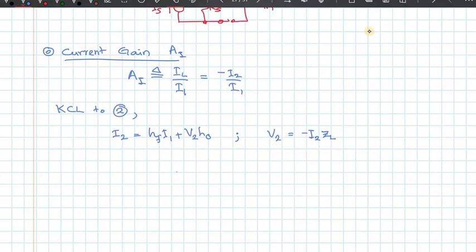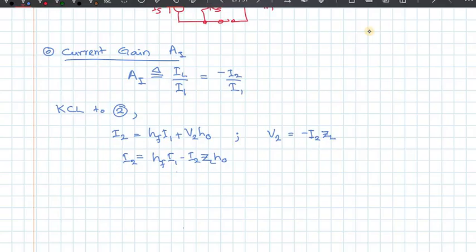So what do I have from that? I2 is equal to HF times I1 plus, instead of V2, I'm going to use the previous expression, so minus I2 ZL times H out. Now I only have I1, I2 and the parameters of the circuit element.